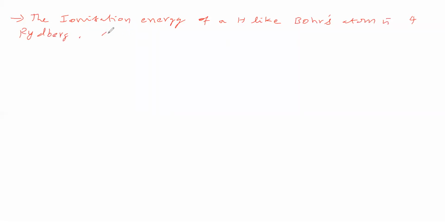Calculate the wavelength radiated when the electron jumps from the first excited state to the ground state.